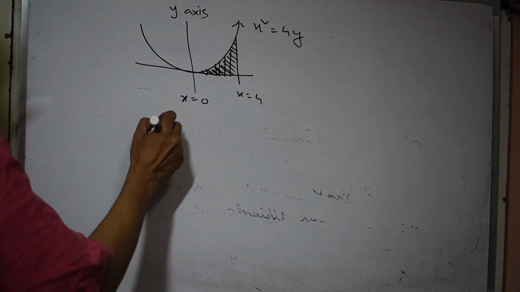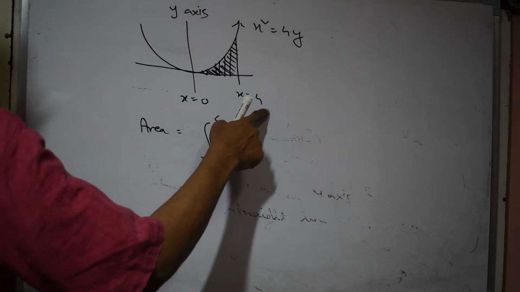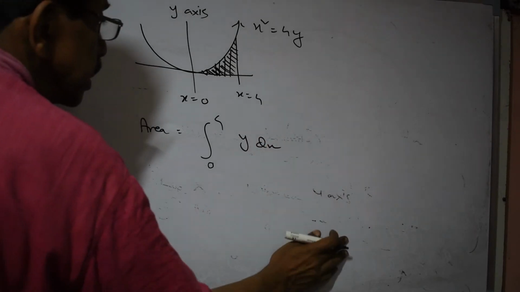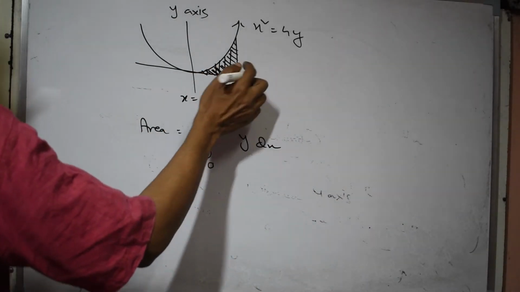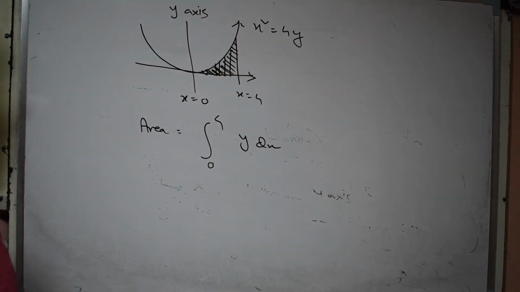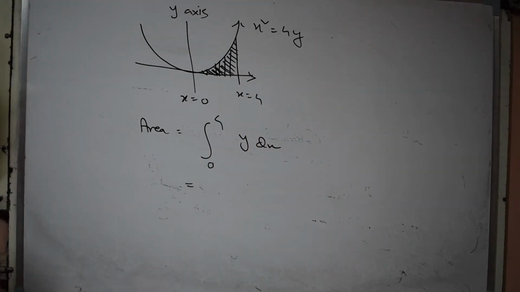So area will be from 0 to 4, starting from 0 up to x is equal to 4, y dx. Why y dx? Because we are taking the horizontal line dx on which the parabola is covering some area. So that is y dx.